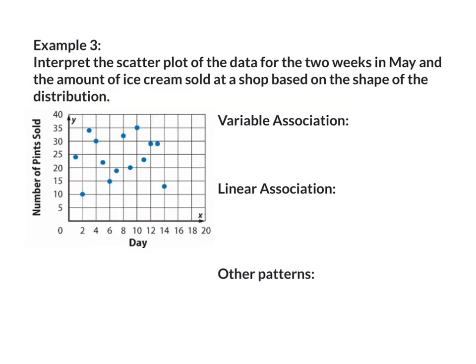Example number 3. Interpret the scatter plot of the data for the 2 weeks in May and the amount of ice cream sold at a shop based on the shape of the distribution. So as I look at my graph, I notice that there's no relationship. So there does not appear to be any variable association.